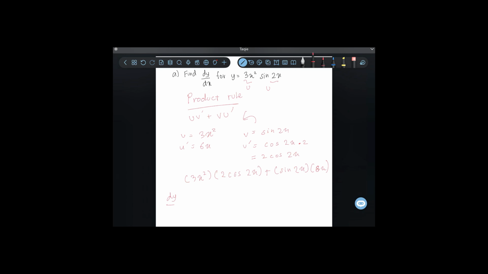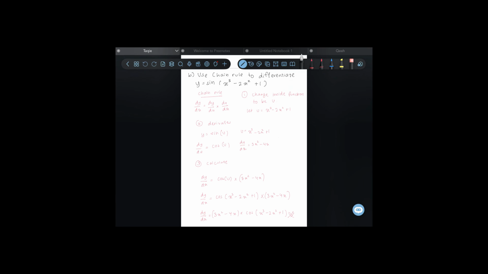Then we get the final answer, dy per dx equals 6x squared cos 2x plus 6x sine 2x. So this is how you solve the problem. Let's move on to the next question.